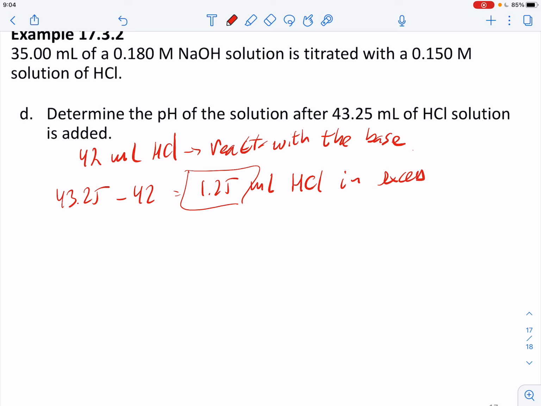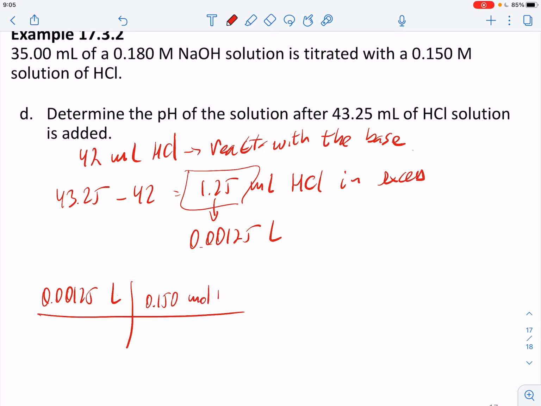So let's use that, 0.00125 liters. The concentration of the acid is 0.150 molar. So we obtain 0.000188 moles of HCl.